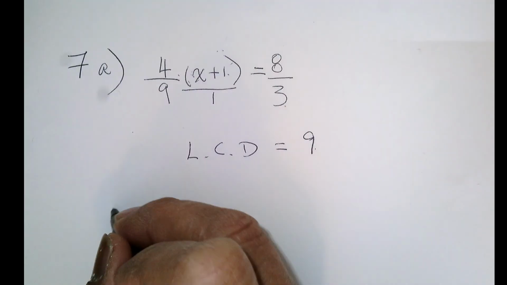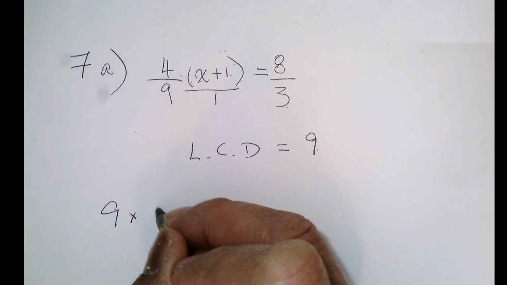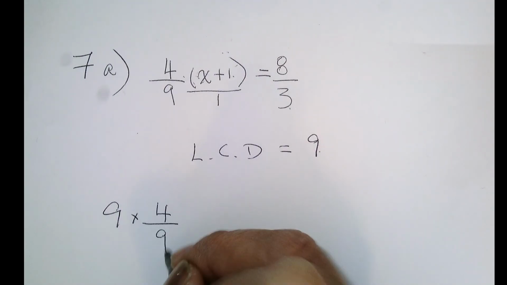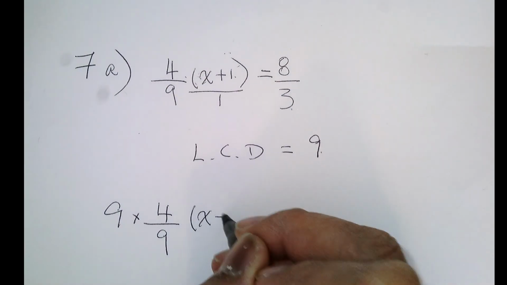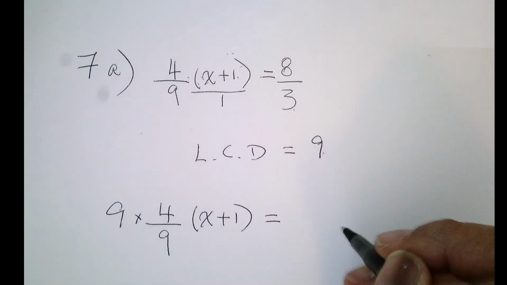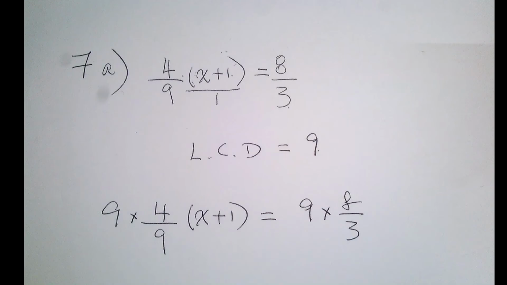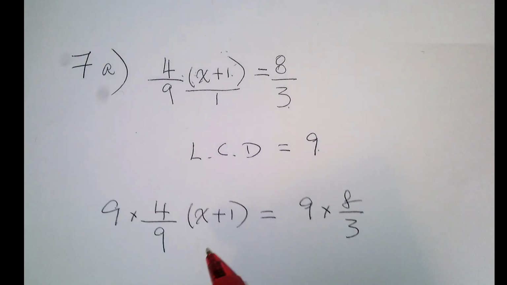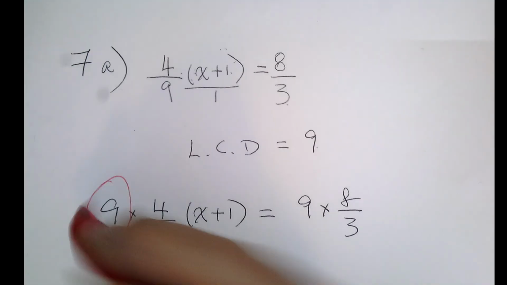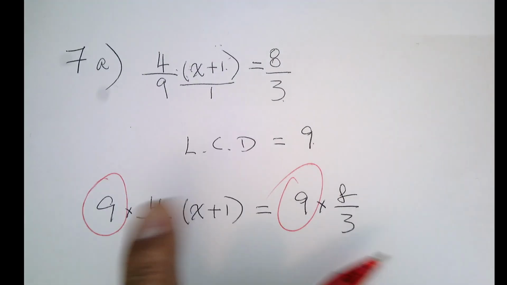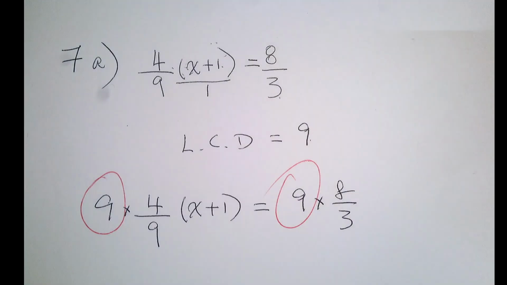So both sides multiplied by 9. If you compare the question with this line here, we multiply both sides by 9.